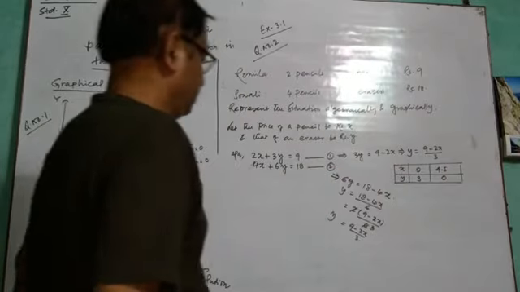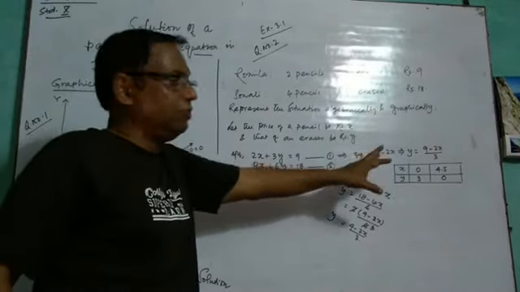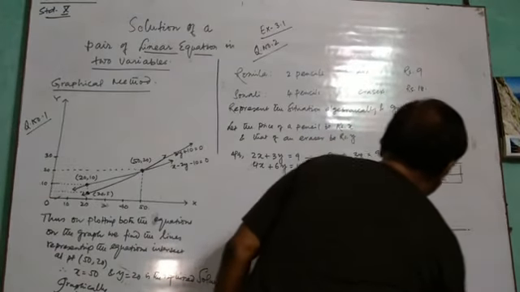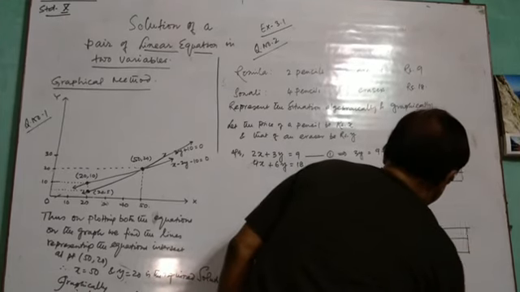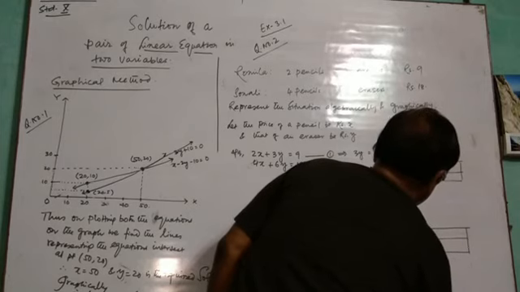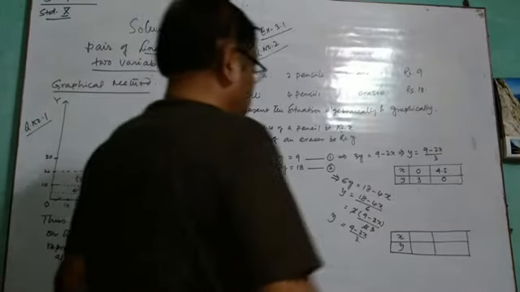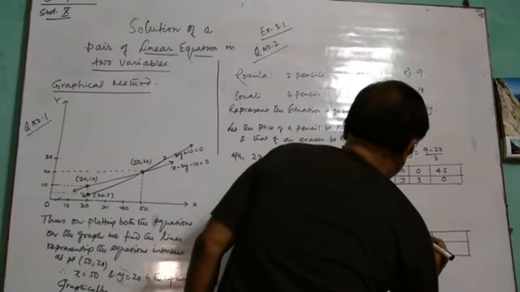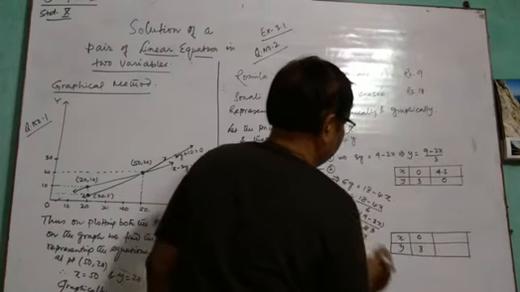Students, see, on simplification we are finding that between the second equation and the first equation there is no change at all. We will take a value chart once again for equation number 2. You can take more than 2, at least 2 pairs of values. If you put 0, you will get 3.